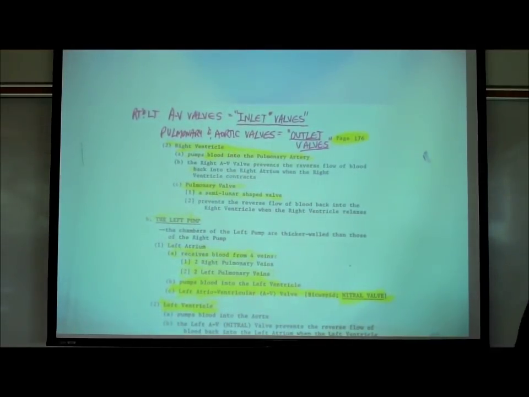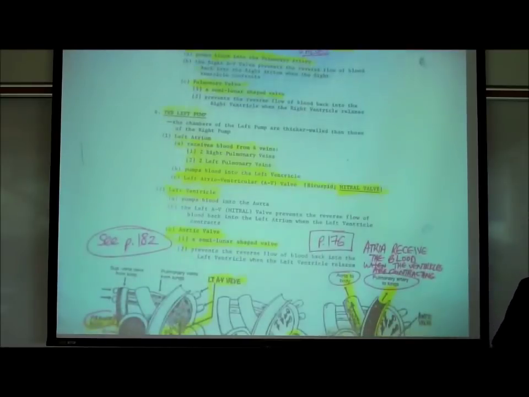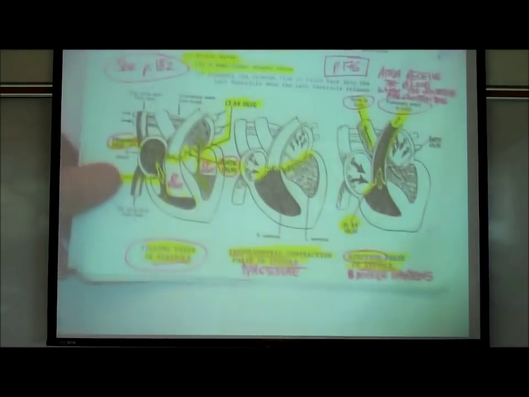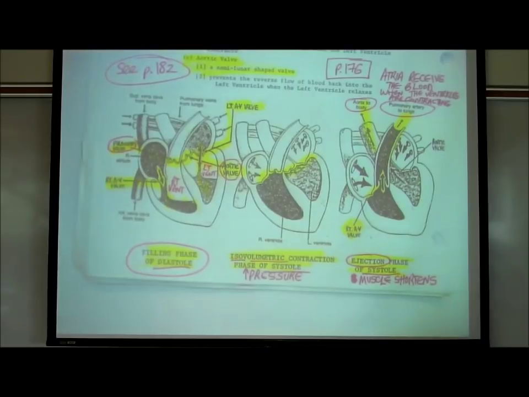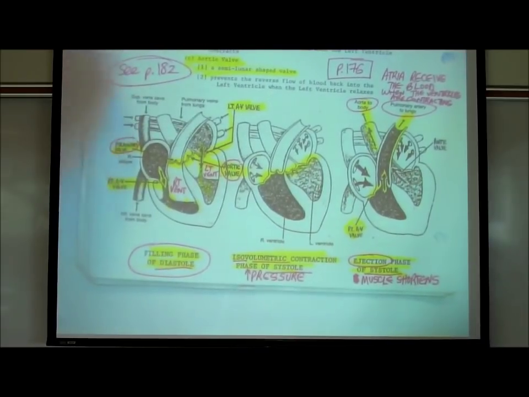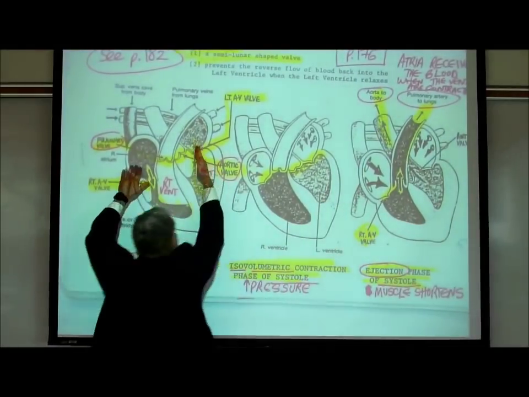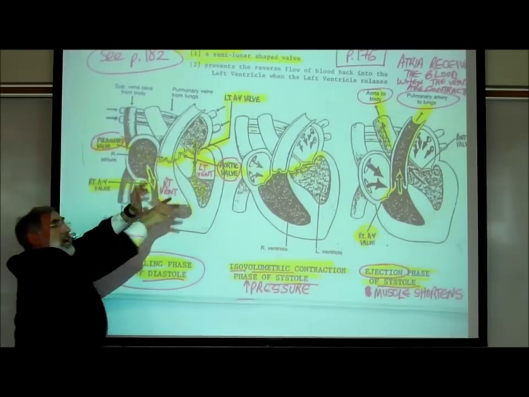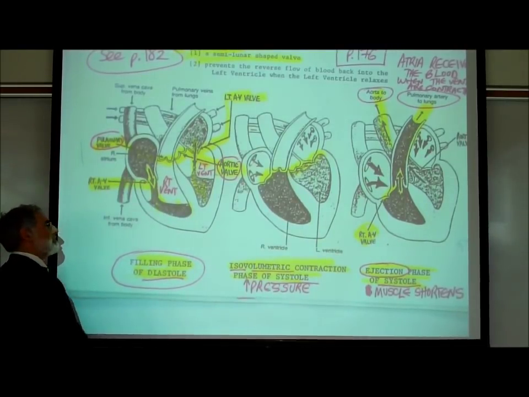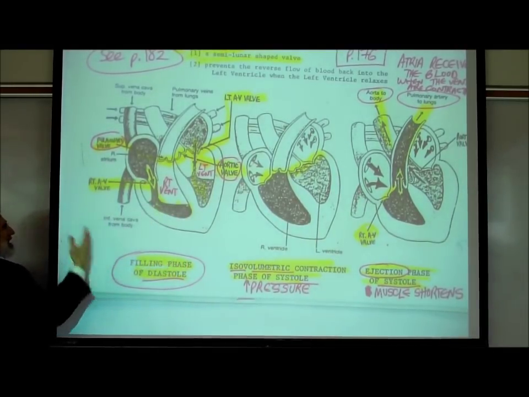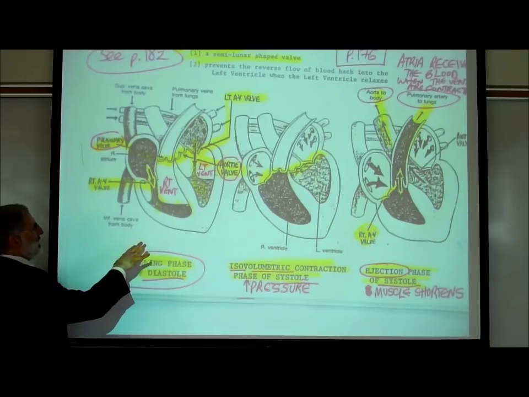They allow blood to go out of the ventricles. And you will notice that in this picture on the lower left, both the pulmonary and aortic valve, both outlet valves, are closed. So what that means is blood is going into the ventricles, but no blood is yet going out. All right, so this is called the filling phase of diastole.